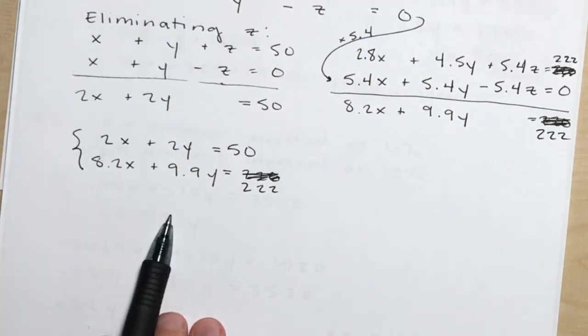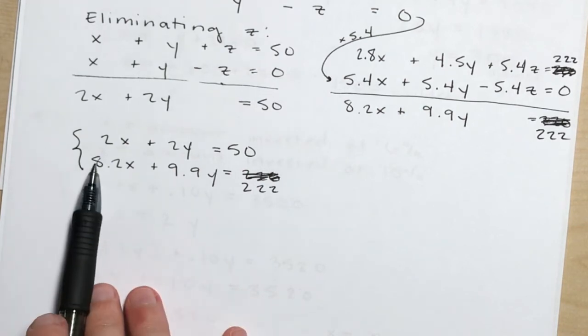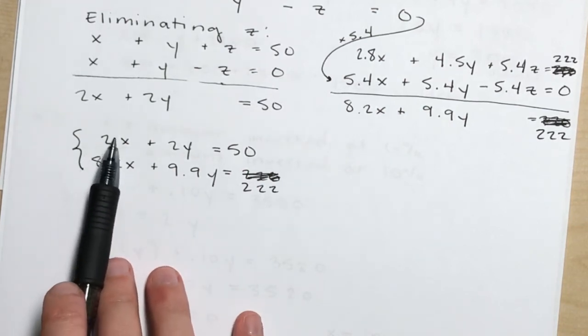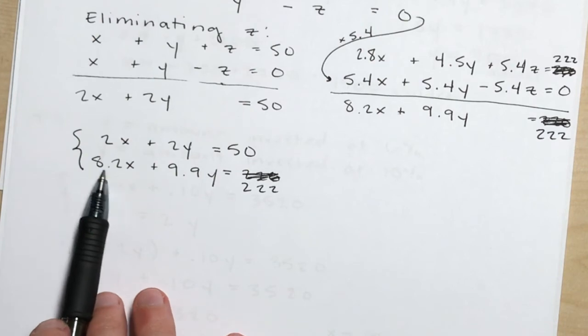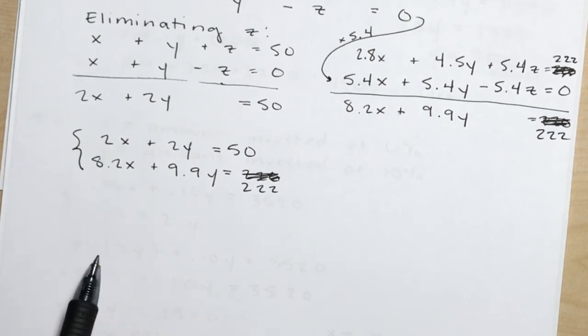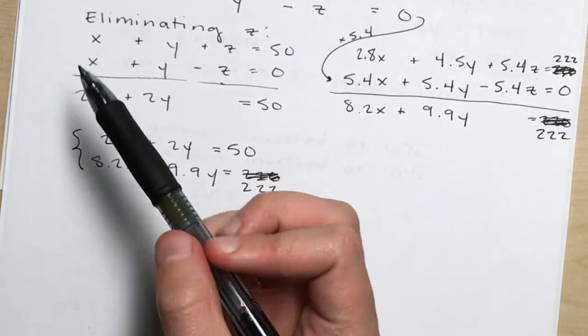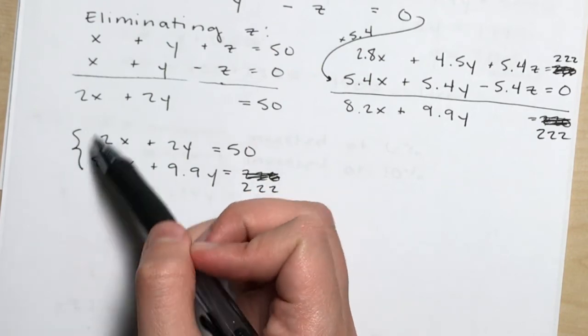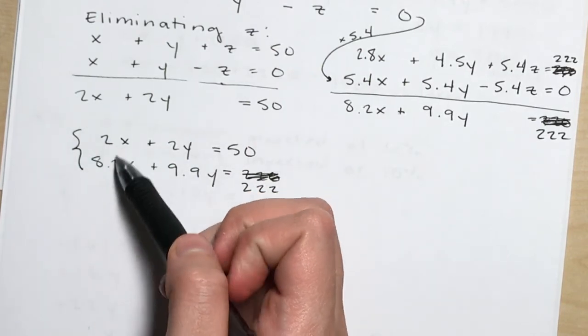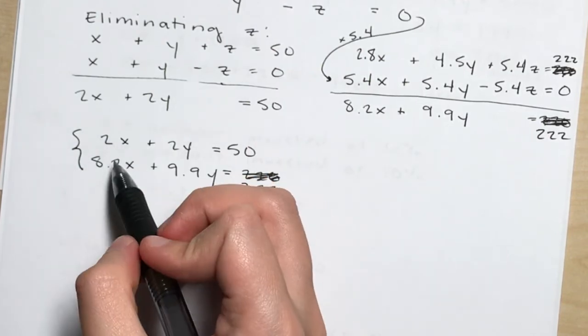How can we eliminate here? Not quite as simple as before, but maybe let's look at these, right? We've got 8.2 and 2 times x for each. How can we get them to be equal coefficients with opposite signs?